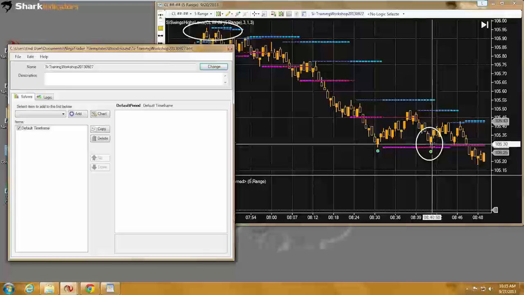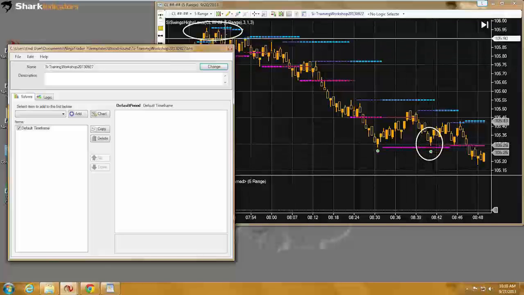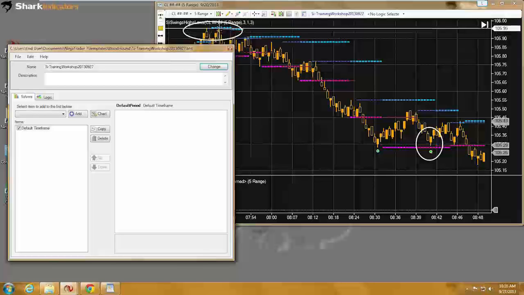So I want to look for when the low price is near the swings highs lows plot, and when the high is near the other swings highs lows top plot as well.